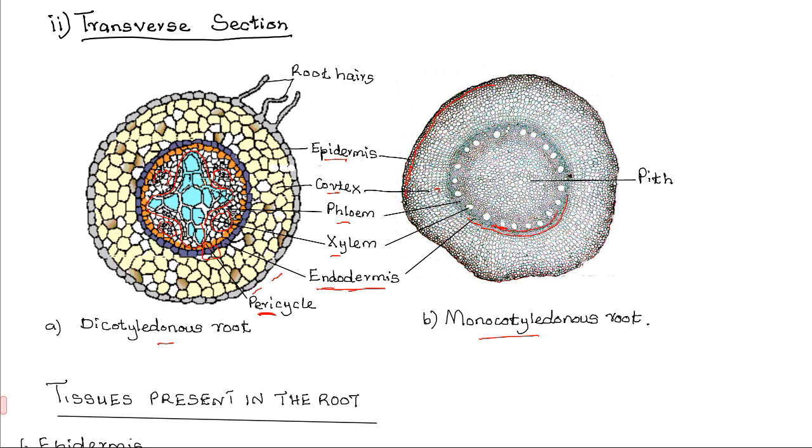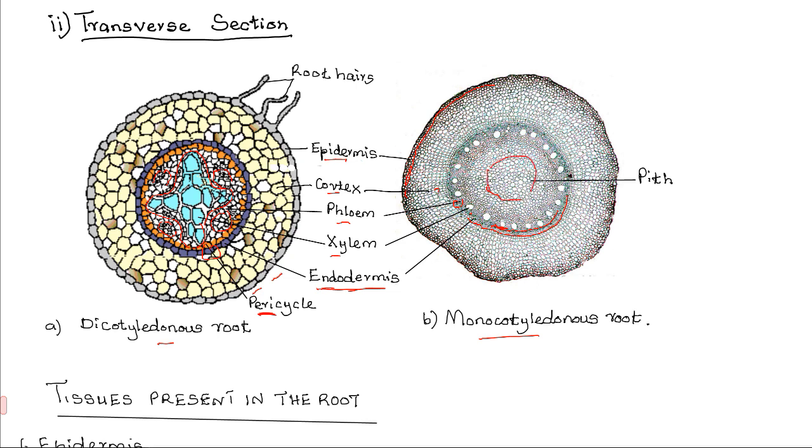Then inside the ring, there is phloem alternating with the xylem, arranged in a circular pattern. Then at the center of the vascular bundle, there is a pith made up of parenchyma cells.